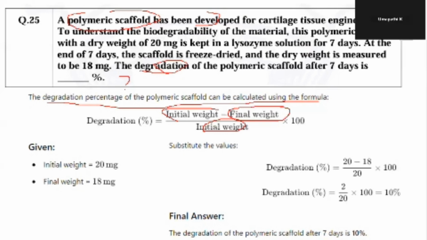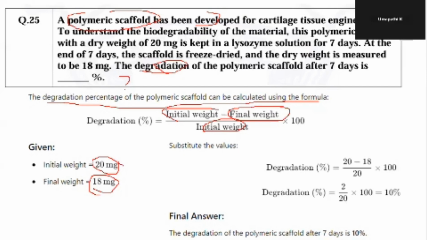So here we know clearly from the problem that the initial weight is 20 milligram, when it is fabricated. The final weight goes to 18 milligram. So what is the percentage of degradation? That's what we have to find.